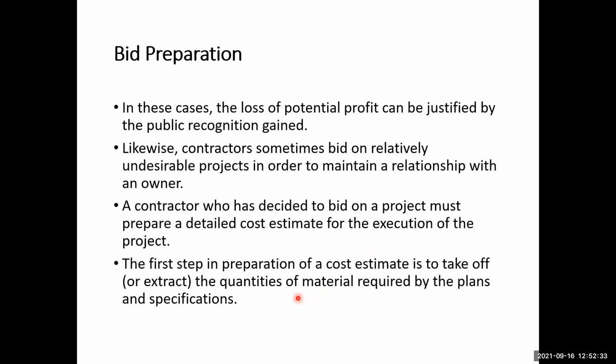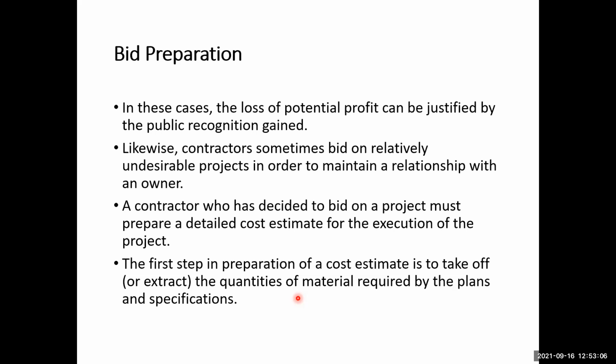we must have some, in the normal situations. Okay, we are talking about this normal situation, that is when we have an owner. Okay, when we have a client who has already asked the architect or the engineer to create the full design of the project or an appreciable design of the project, and then that design of the project in the form of the plans and specifications is given to the potential applicants for the project, who are the contractors.